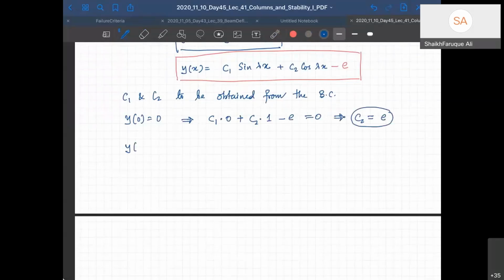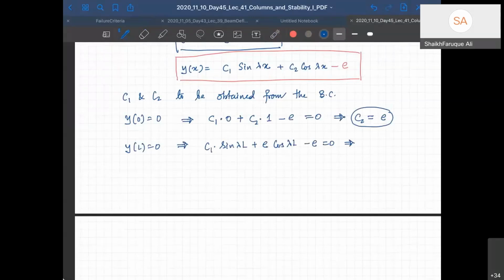And y at L equal to 0 implies C1 into sine lambda L plus C2, which is e, into cos lambda L minus e equal to 0. I can solve it and get C1.